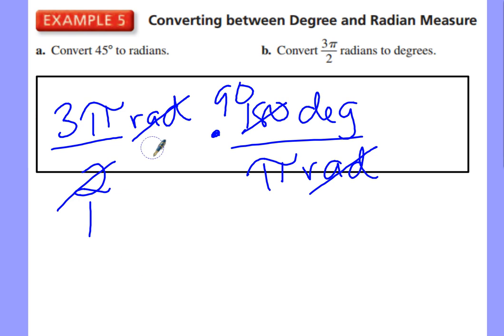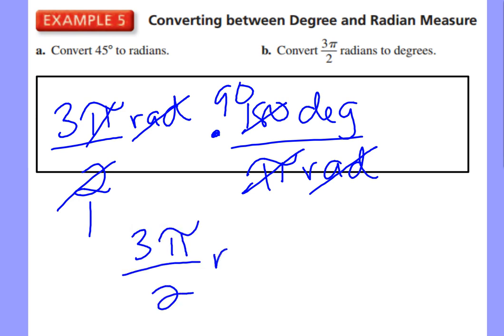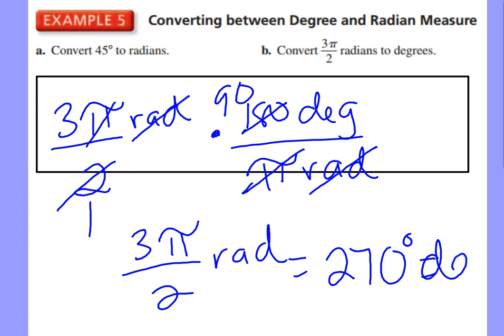But look what else is about to cancel from cross simplification: the pi's also cancel out. So 3 pi over 2 radians equals 270 degrees, and again, 3 times 90 is 270. That's where we got that from. All right, on to the next one.